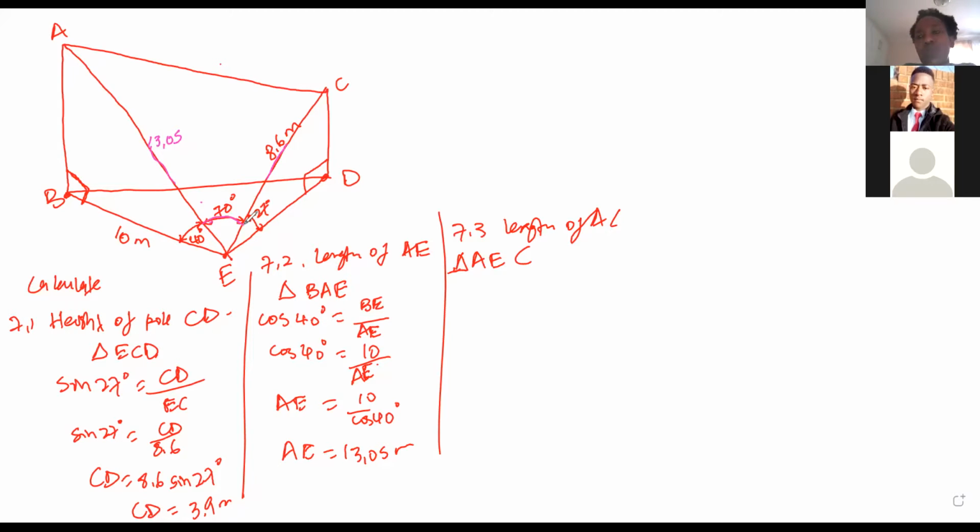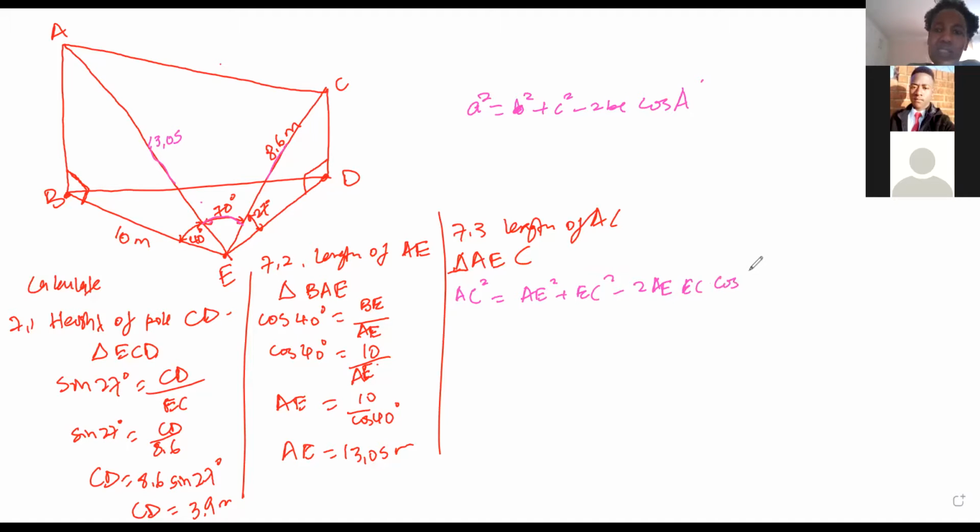It's the cosine rule. The cosine rule says a squared is b squared plus c squared minus 2bc cos a. So our a squared in this case is AC squared, which will be AE squared plus EC squared minus 2 AE EC cos 70 degrees.